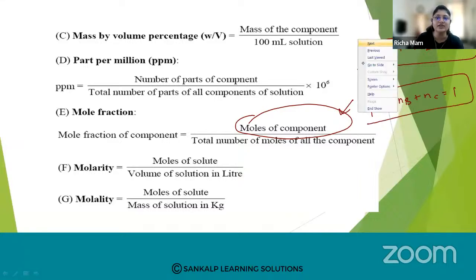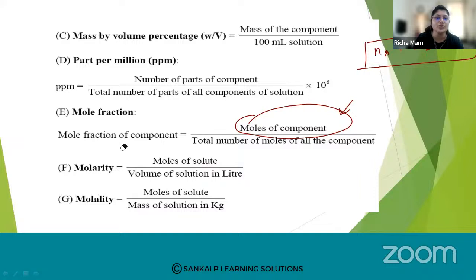Now, if I consider the above, the mole fractions of A and B add up to 1. If I want to find the mole fraction of component A, then how do you find it? Number of moles of A divided by the total moles, so it is Na by Na plus Nb.